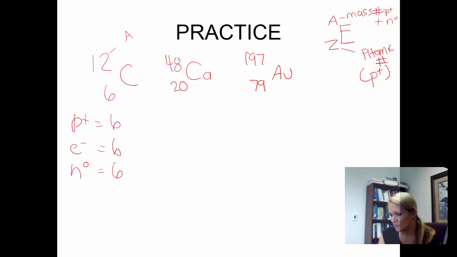For calcium, it has 20 protons and 20 electrons. There's our atomic number, Z, here, and you look on the periodic table, you would see that number as well. And then we have 48 as our mass number. So 48 minus 20 gives us 28 neutrons.